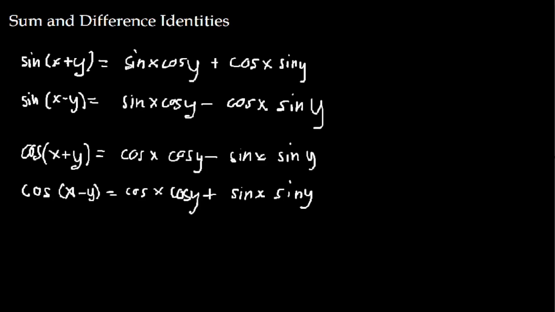Now, titigan naman natin yung sum and difference identity ng tangent. Now, when talking about tangent, ang sum and difference identity ng tangent, let's say plus muna tayo, x plus y is equal to, ang pattern niya, ang tangent will always start na may division.